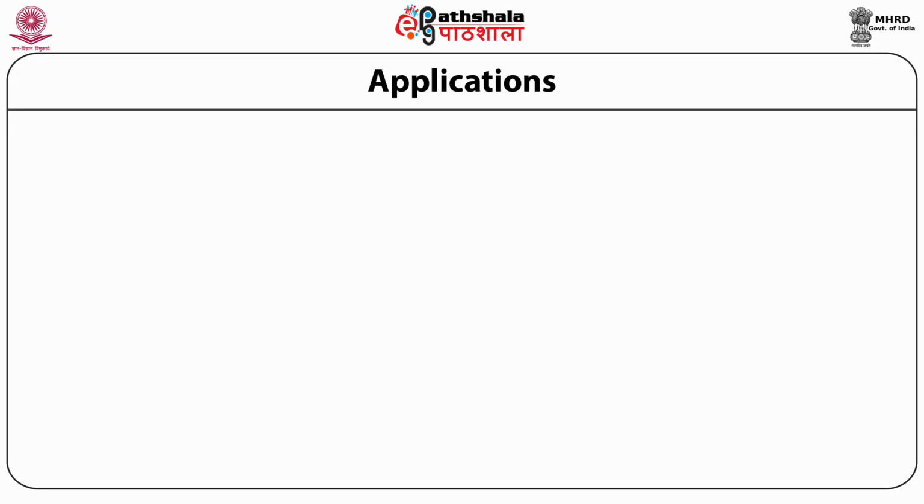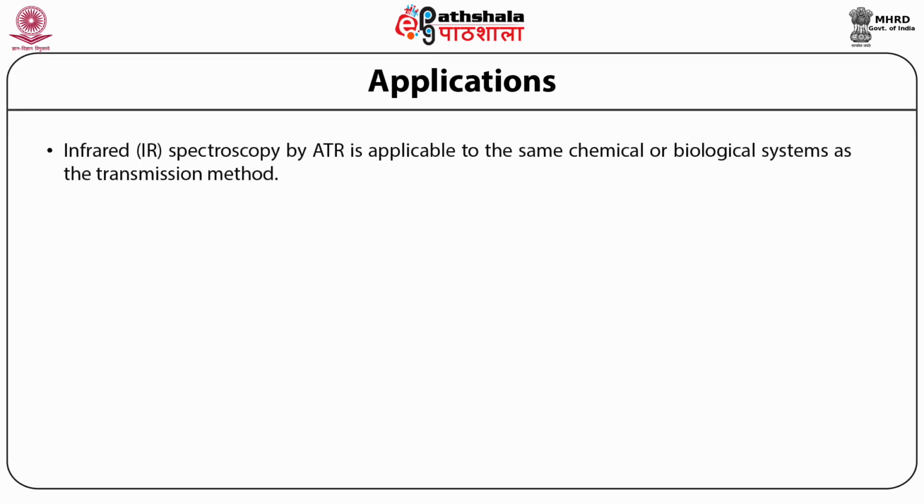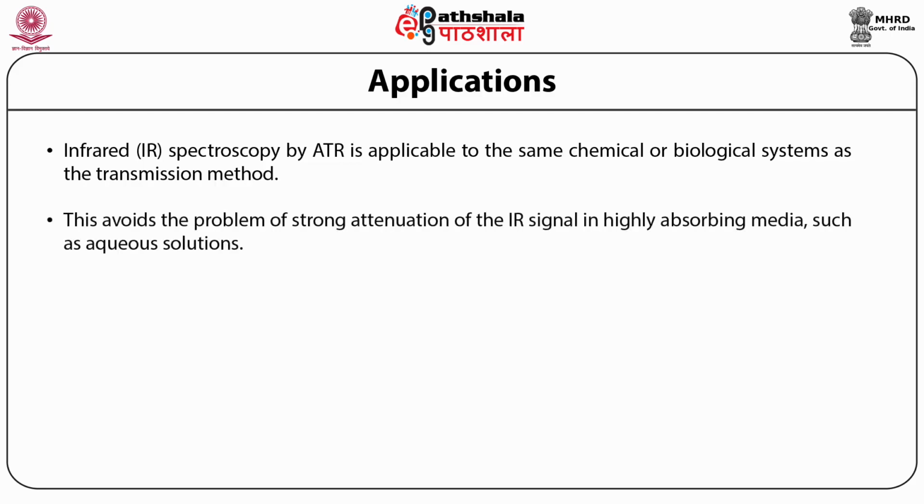Application of infrared spectroscopy by ATR is applicable to the same chemical or biological systems as the transmission method. One advantage of ATR IR over transmission IR is the limited path length into the sample. This avoids the problem of strong attenuation of the IR signal in highly absorbing media such as aqueous solution.